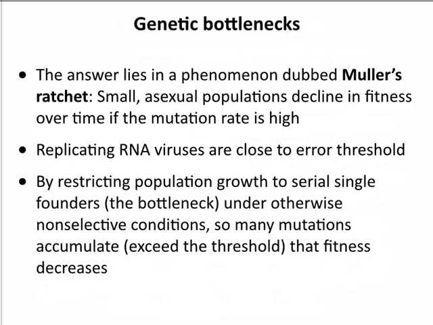But asexual organisms, when they replicate, when they divide and low numbers are involved, they don't have a great deal of genetic diversity. So RNA viruses, which are already close to their error threshold, as I've shown you, what we are doing is restricting the diversity of the population by simply picking a plaque and going from cell to cell. At the same time, mutations are accumulating because of the quasi-species, but there isn't enough diversity to rescue those mutations. And so that's why our fitness decreases.